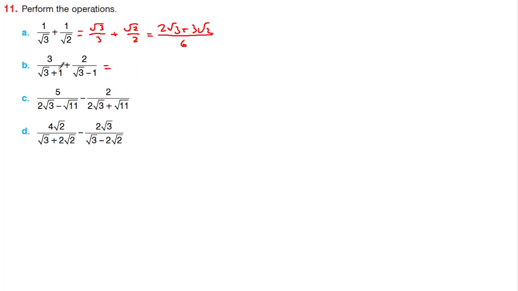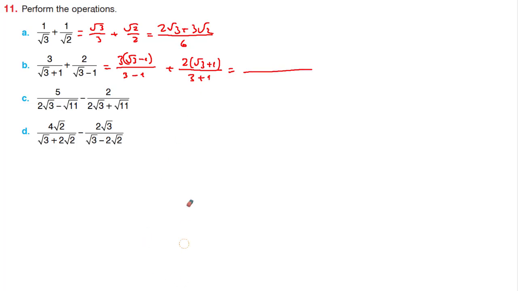We can rationalize the first fraction. It will be 3 root of 3 minus 1, and here the denominator will be 3 minus 1, plus the denominator will be the same here, so 2 root of 3 plus 1. All right, we can get something here.